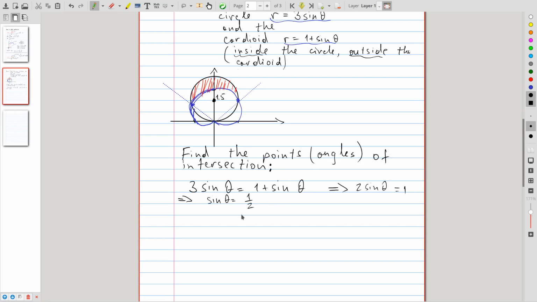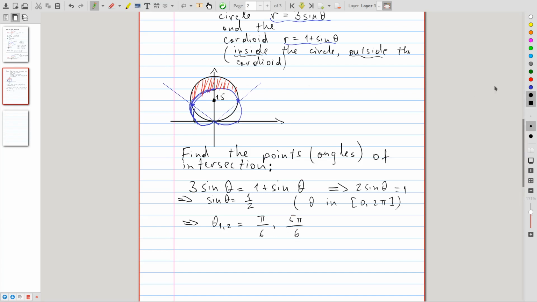So the solutions of this equation for theta in 0 to pi, so we're only interested in this range for theta because it doesn't make sense to look beyond a single period for the angle. So the solutions are pi over 6 and 5 pi over 6.